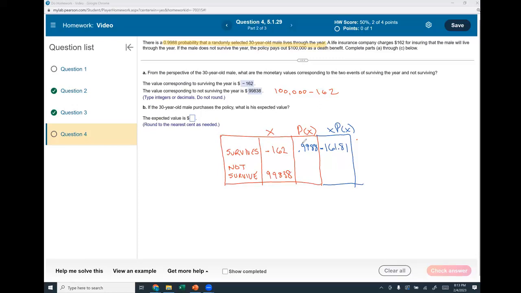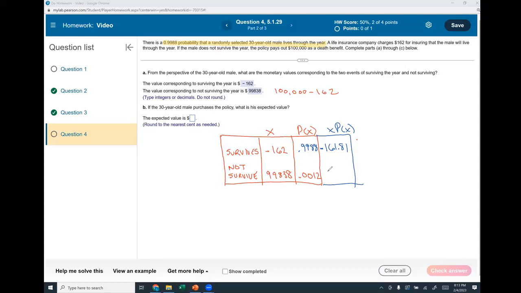My probability is 1 minus this, so it's 0.0012. And that value gives me 99,838 times 0.0012.